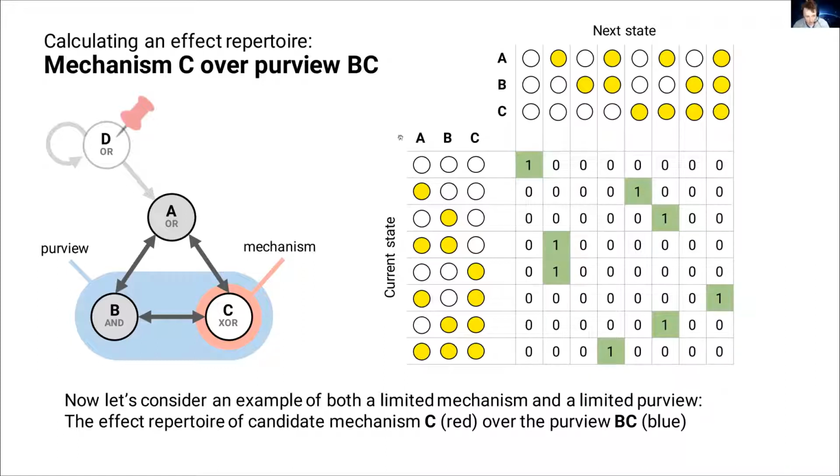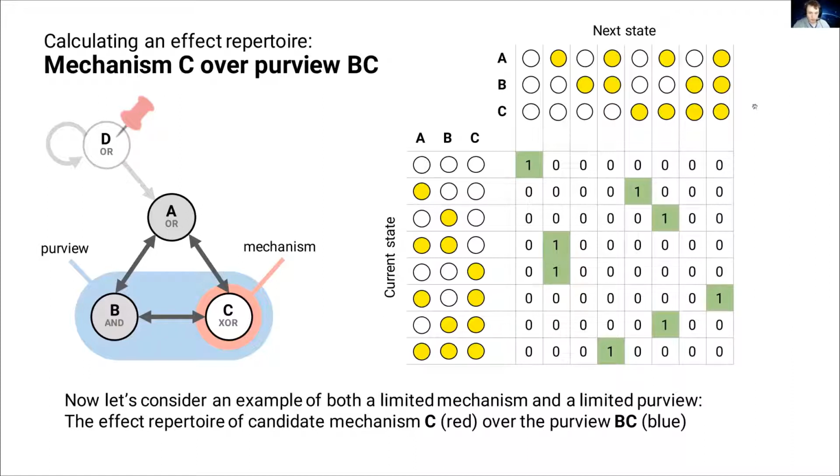And so the only thing that's going to be fixed now is the mechanism C in the off state. And what we want to know is, how does the mechanism C being in an off state at time point t constrain the purview B and C? So what does it do to the probability distribution of states over B and C at the next time step, ignoring the rest of the network?